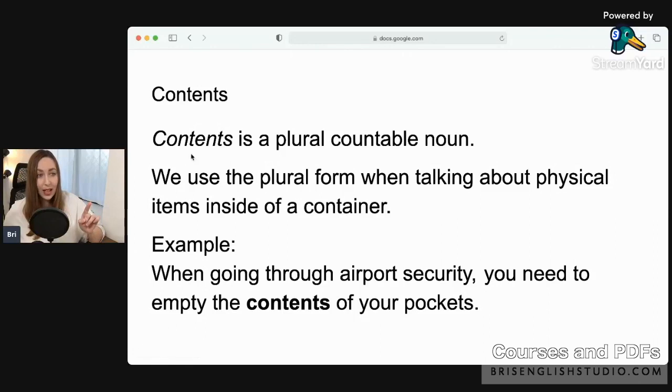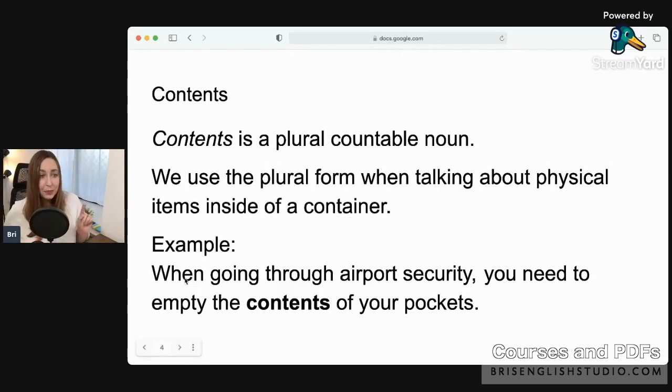So contents with an S is a plural countable noun. We're going to use it in a different way. We use the plural form when talking about physical items inside of a container. So contents we will use when we can actually touch the things that are inside of something else.